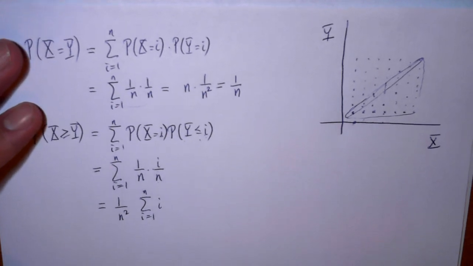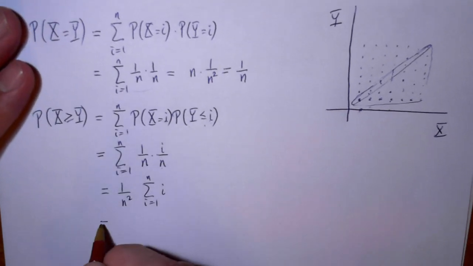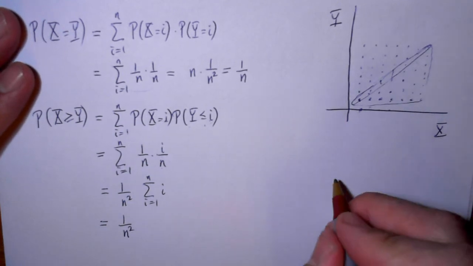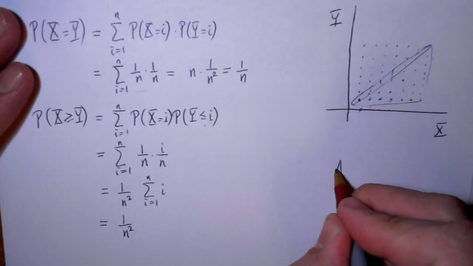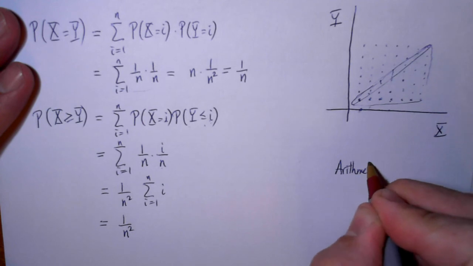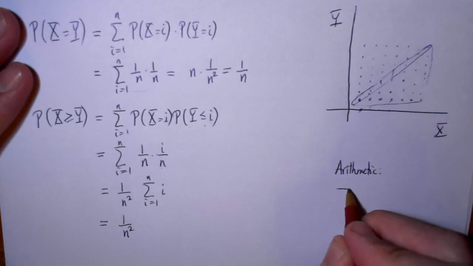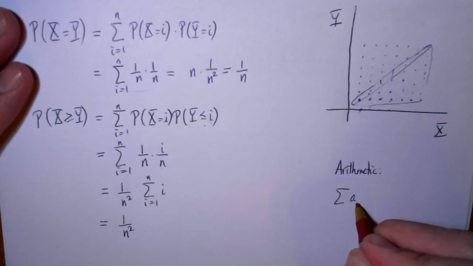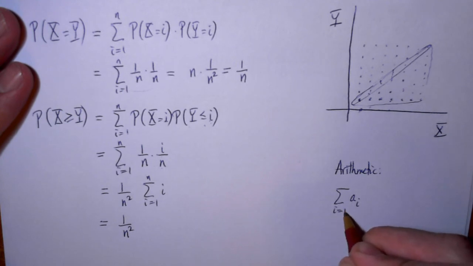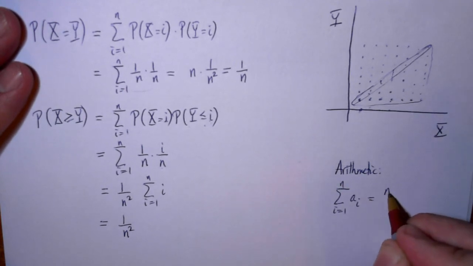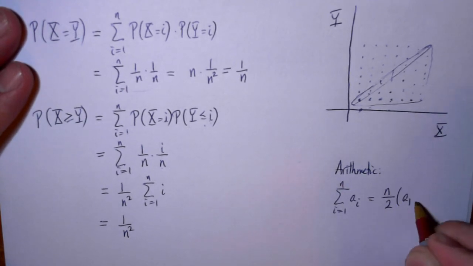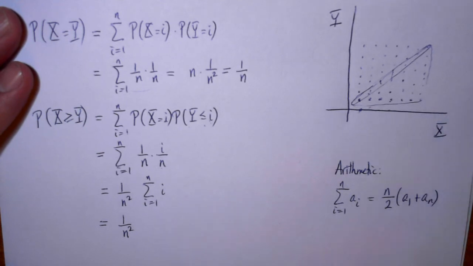Now this is an arithmetic sequence, and if you have an arithmetic sequence, then the summation of the first n terms is given by the formula: the number of terms over 2 times the first term plus the last term.